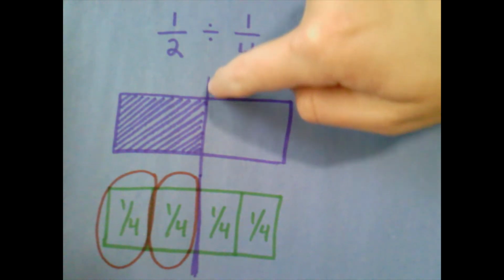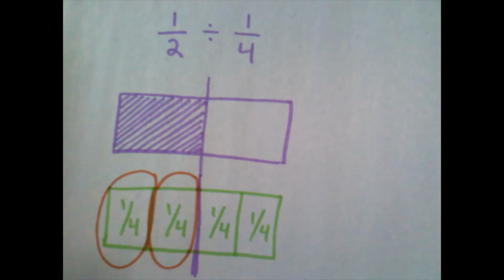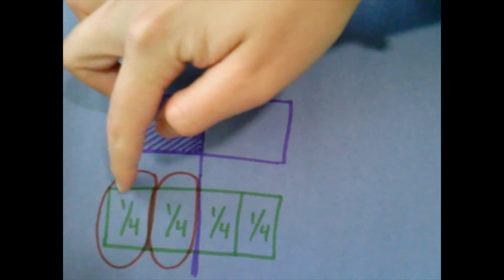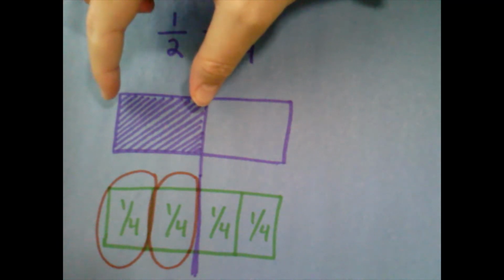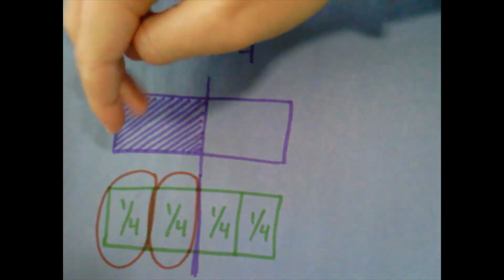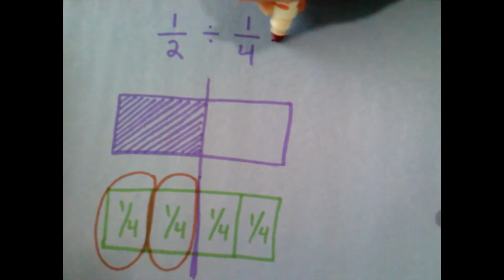Now, I went ahead and drew the halfway point straight down the middle. As you can see, we have two 1/4 pieces in 1/2. So if we divided 1/2 by 1/4, the quotient, the answer, would be 2.